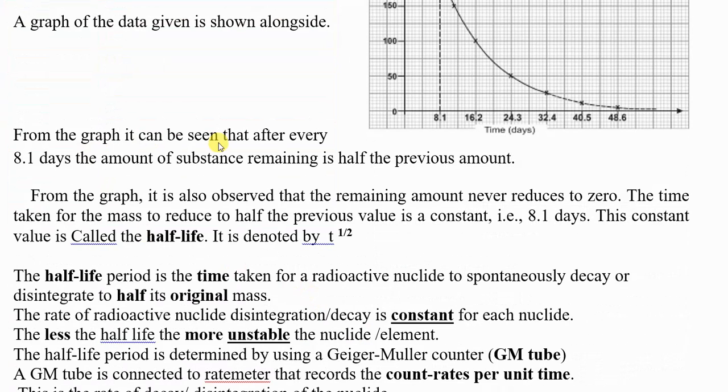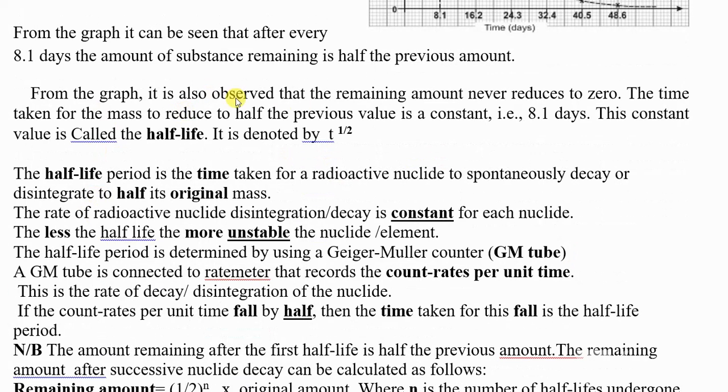From the graph, it can be seen that after every 8.1 days, the amount of the substance remaining is half the previous amount. From the graph also, it is observed that the remaining amount never reduces to 0. The time taken for the mass to reduce to a half the previous value is a constant, 8.1 days.